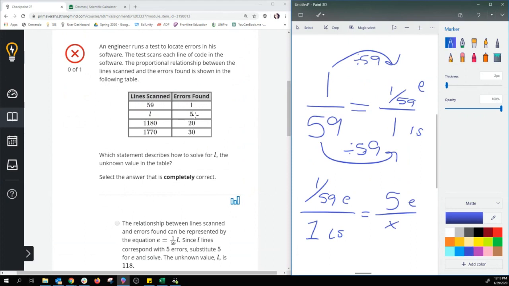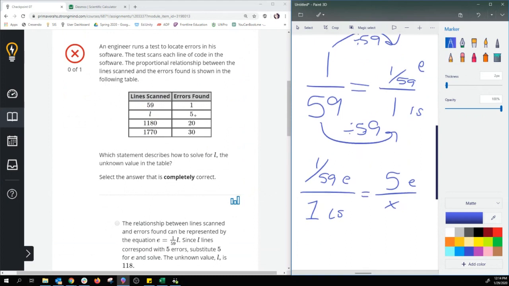Now here's where we're going to do some cross multiplication. Let's multiply diagonal. 5 times 1 gives me 5. This is equal to my other side, 1 over 59 times x. So this is 1/59 times x.